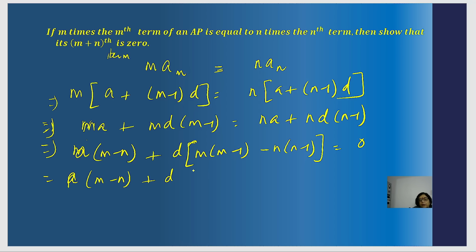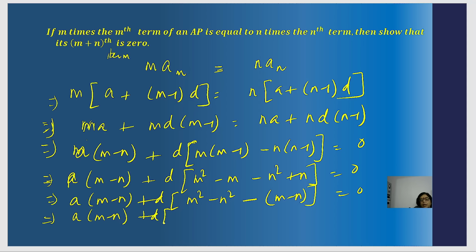Now m square minus n square can be expanded using the a square minus b square formula. I hope all of you know the a square minus b square formula. So in this step we get a into m minus n plus d into m minus n into m plus n minus 1. This is equal to 0.